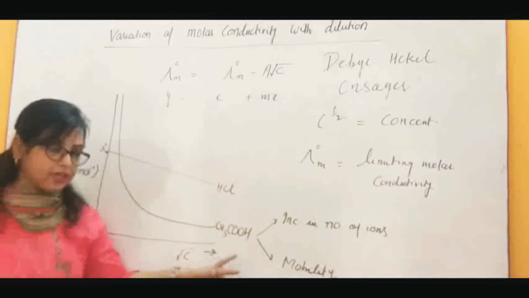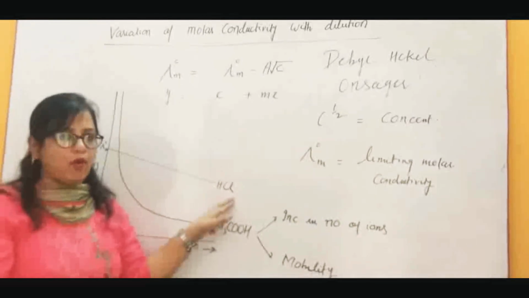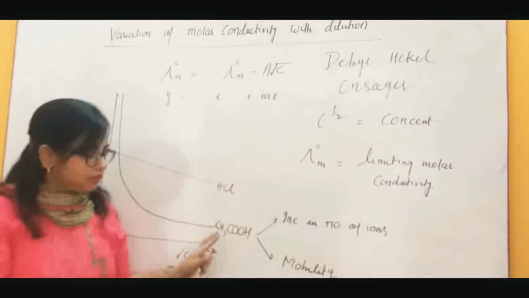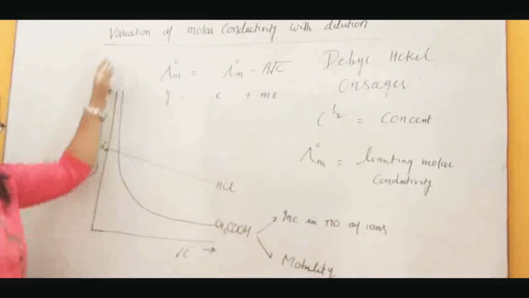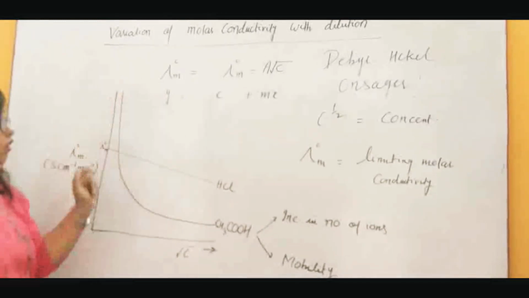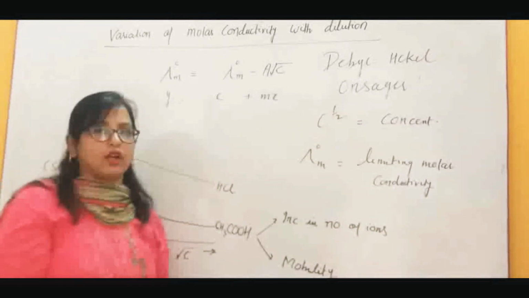Two things increase here, and for HCl there is only an increase in mobility, not in the number of ions. That's why this kind of electrolyte shows a very sharp change. Okay guys, but we are unable to find its limiting molar conductivity.